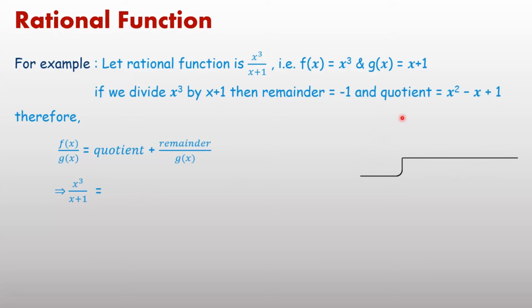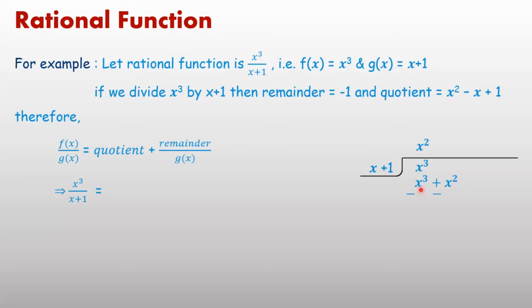Now, the division, quotient and remainder, I want to verify it by division. We have to divide x³ by x + 1. First step, how many times? x². If you multiply x + 1 by x², we will get x³ + x².